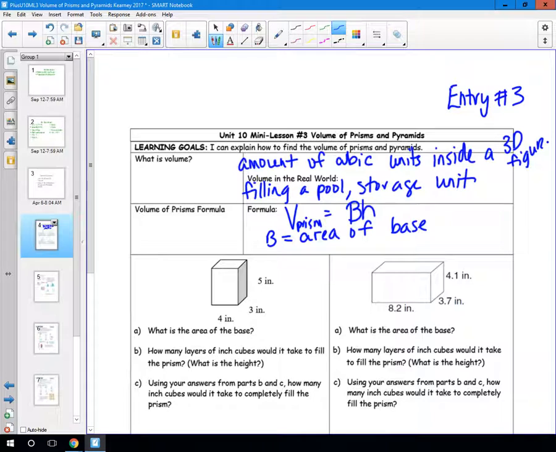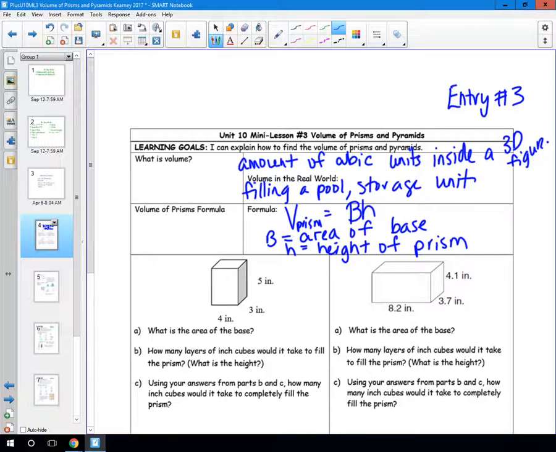So volume of a prism, big B times H. Big B stands for not just the base, but the area of the base. And H stands for the height of the prism.